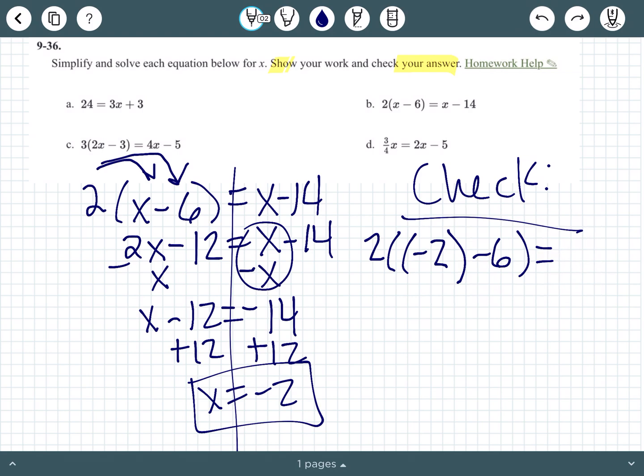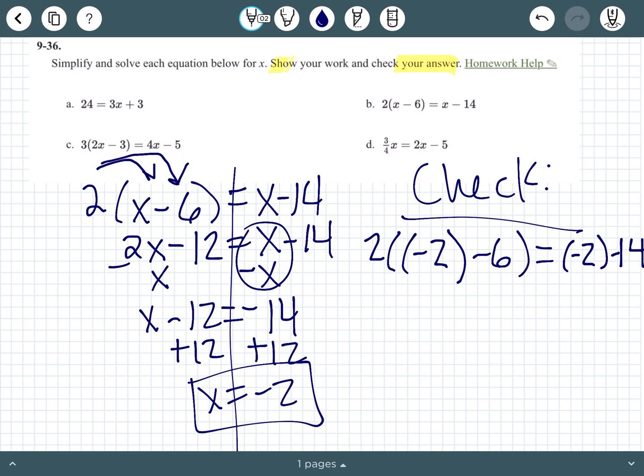No, forgot to plug in. And that should be equal to negative 2 minus 14. So negative 2 minus 14.